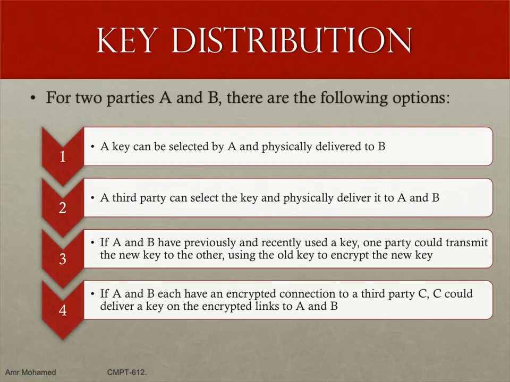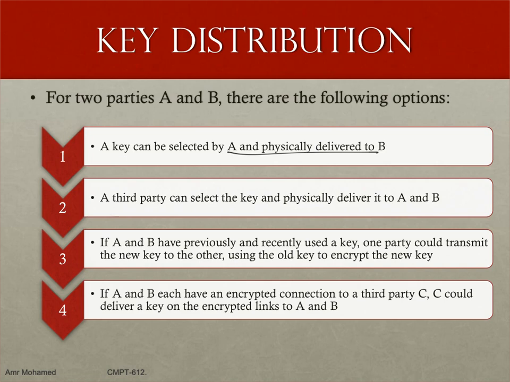All right. So now, how can we have two communicating parties share the same key? Because here we're talking about symmetric encryption. We can do that by simply saying, if A wants to communicate to B, A will physically hand this key to B. Or a third party can select the key for them.